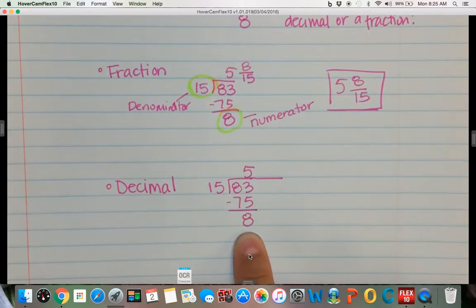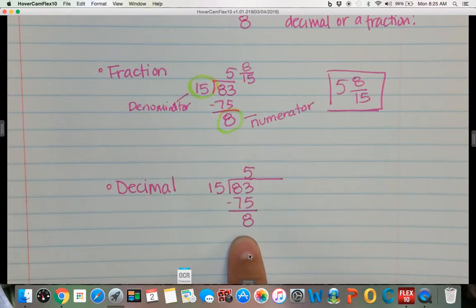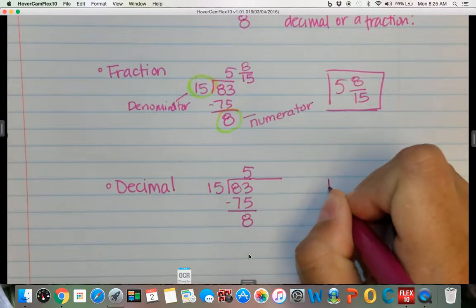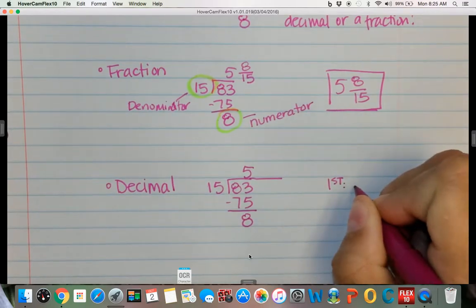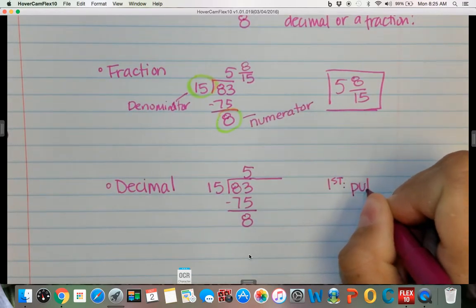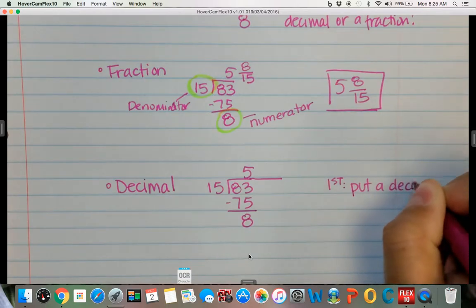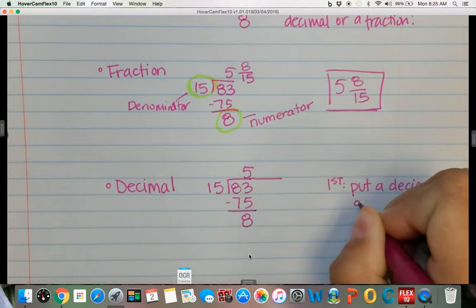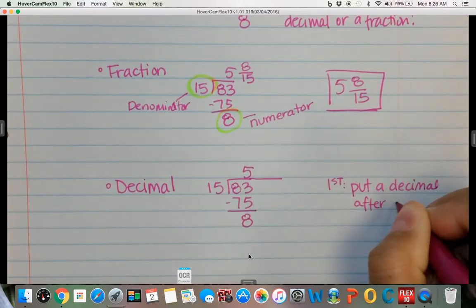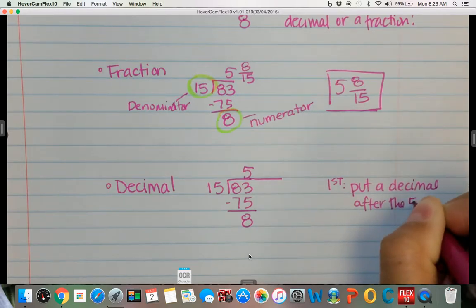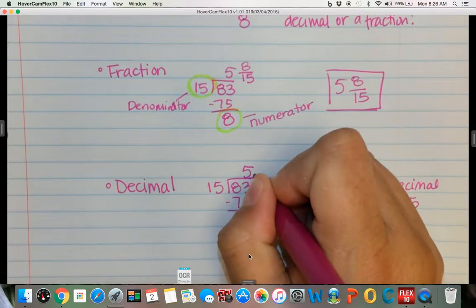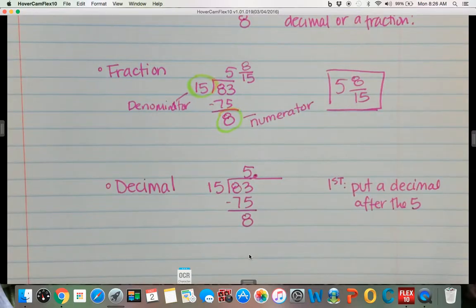So if I have a remainder here of 8, I know for a fact that 15 cannot go into 8. So I must, first step, put a decimal after the 5. Because I'm going to make a decimal.